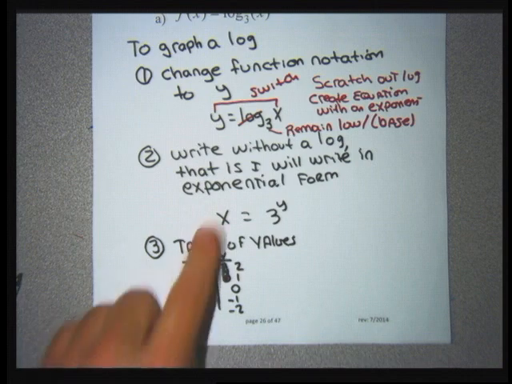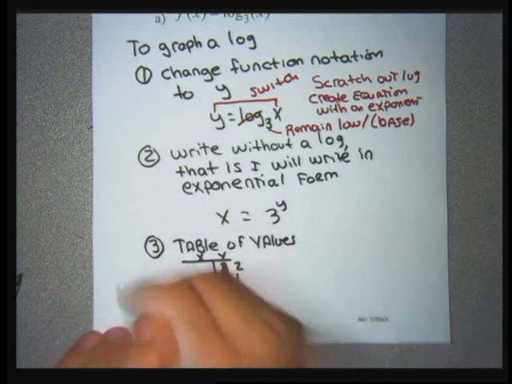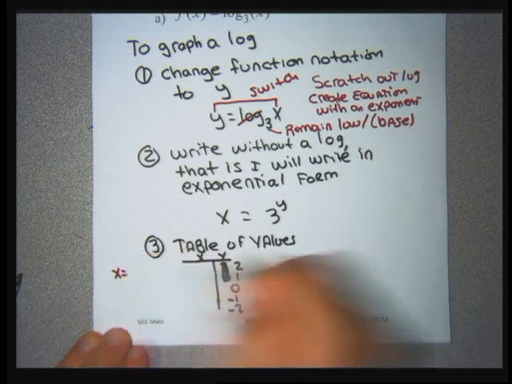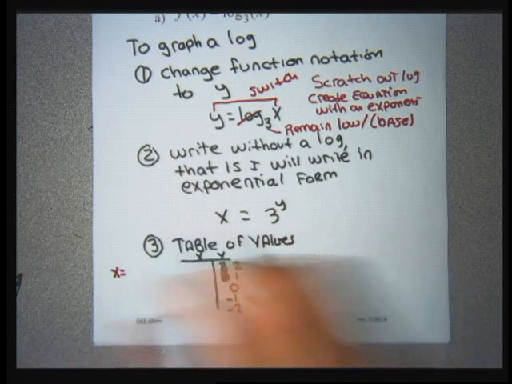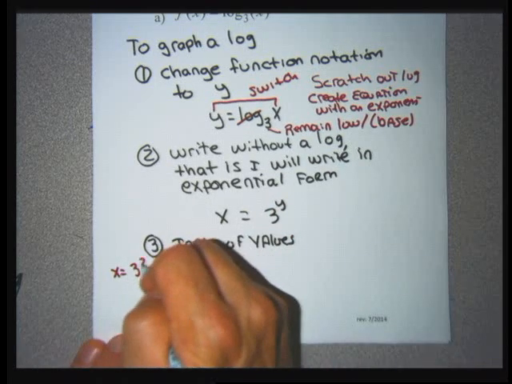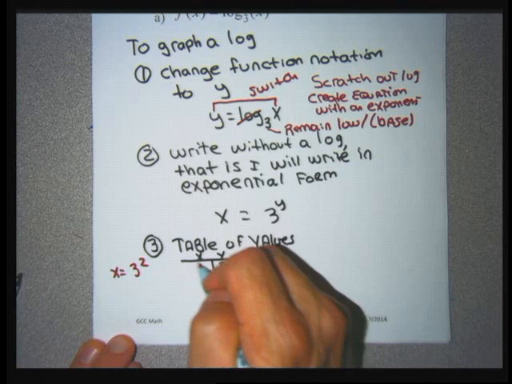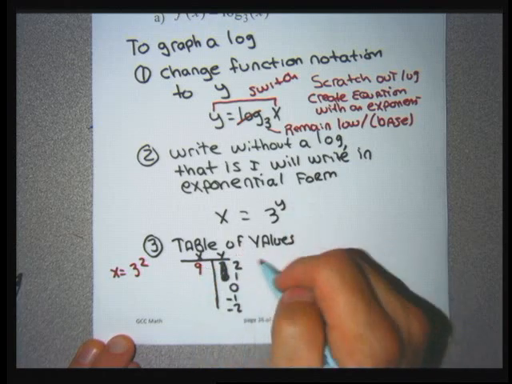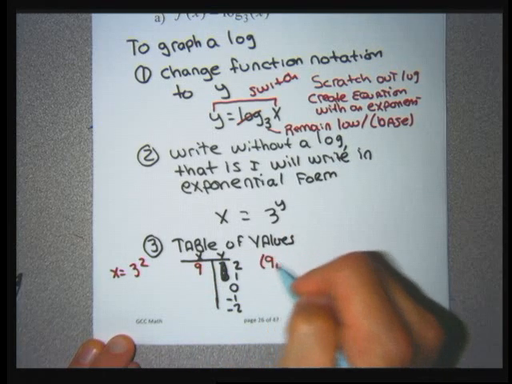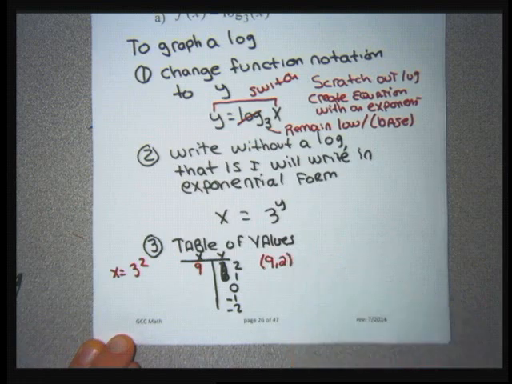So for the first one, I'm going to go x equals, and then I'm going to plug a 2 in for that y. I'll get x equals 3 squared, and 3 squared is 9, and as a point, that's going to give me the point 9 comma 2.